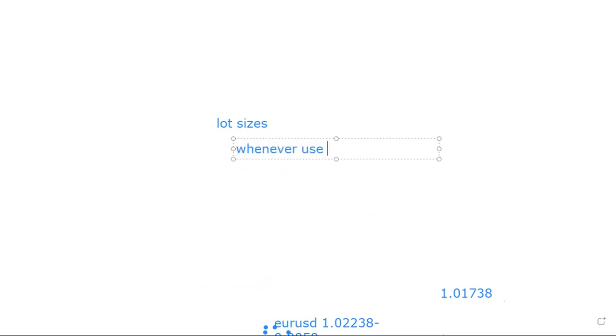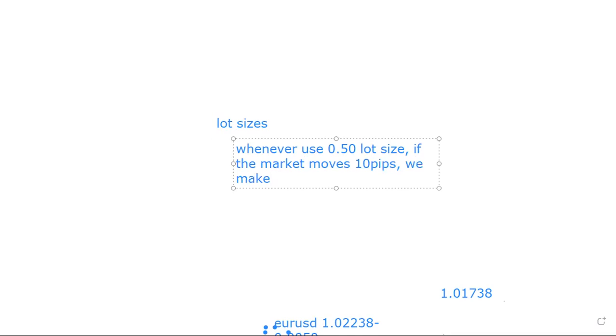Whenever we use 0.50 lot size, and pay attention, if the market moves 10 pips, we make or lose $50.